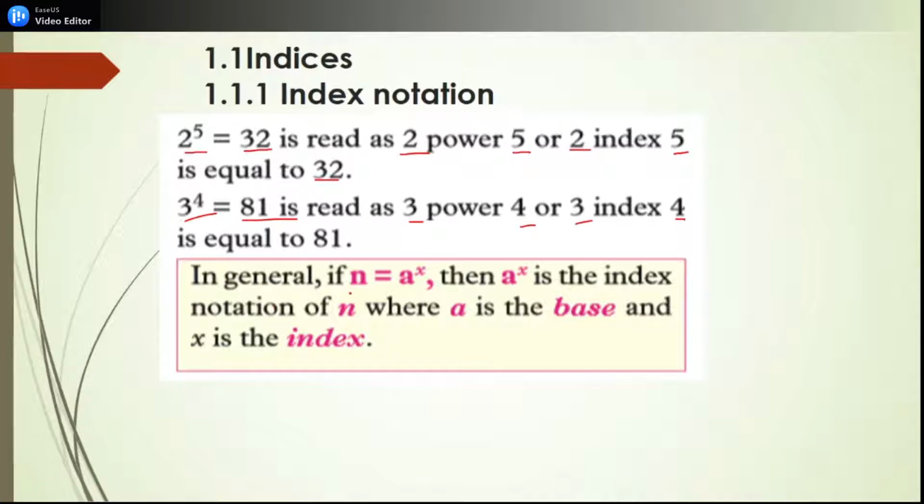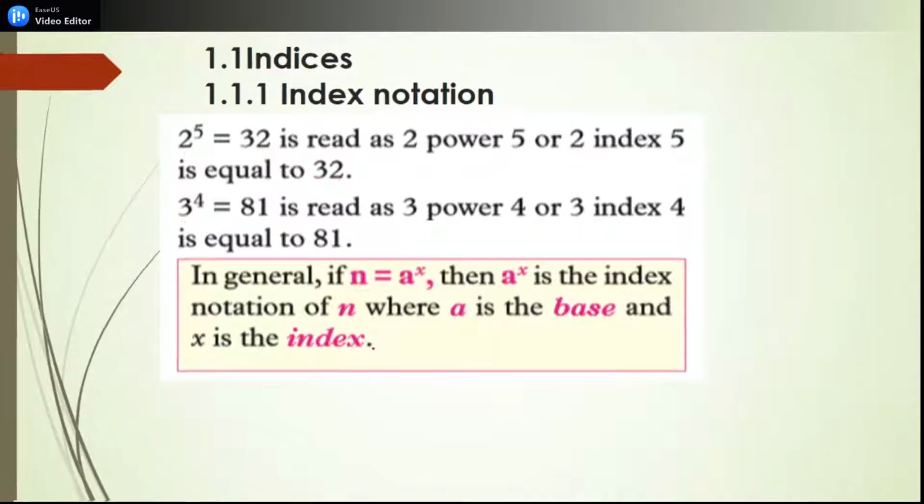In general, when you write n is equal to a power x, this is the index notation of n, where a is the base and x is the index.